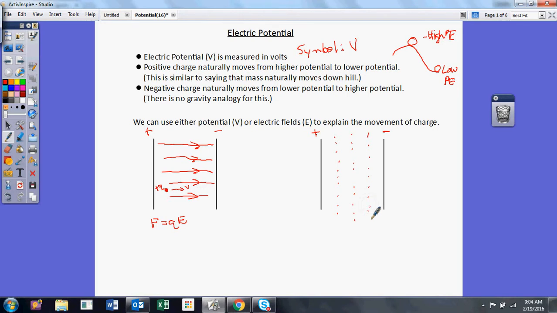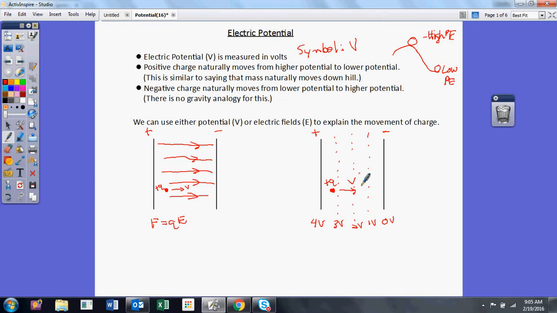So if we think of these dotted lines, and if I say that this is a potential of, say, 4 volts, then 3 volts, then 2 volts, 1 volt, and 0 volts, then what we could say is that, similar to the ball rolling down the hill, the positive charge here wants to move from a high potential to the low potential. And since it has the opportunity to do that, it would also have a velocity as it goes downhill. And that velocity would be changing, of course. It would accelerate in both cases.